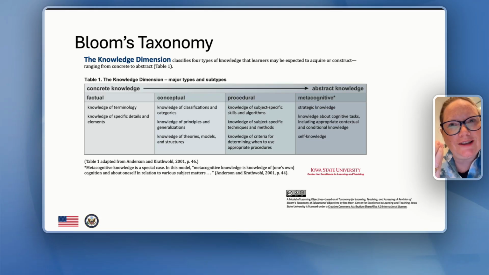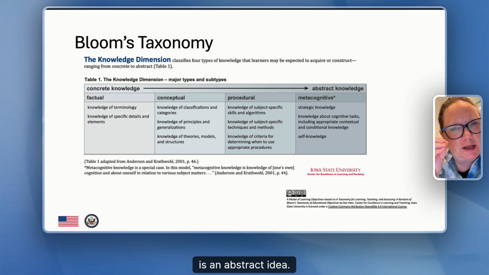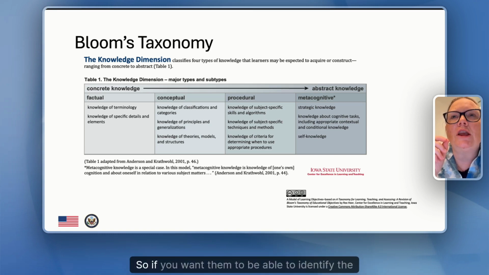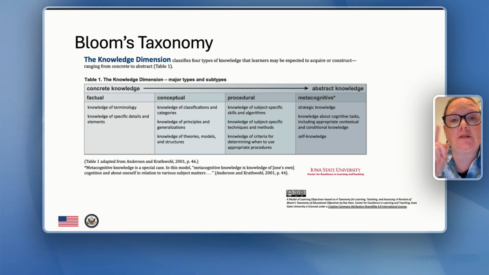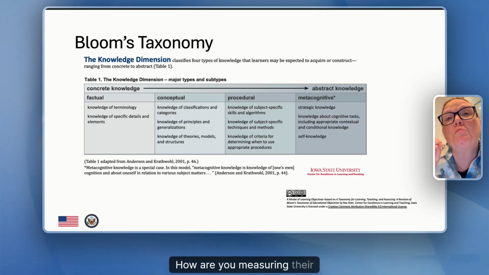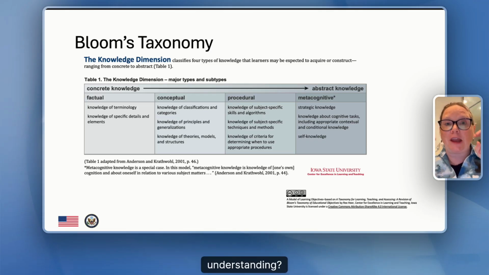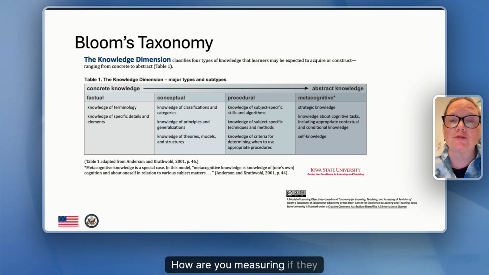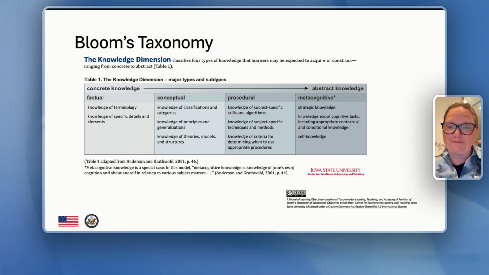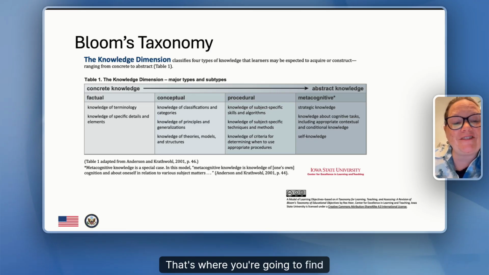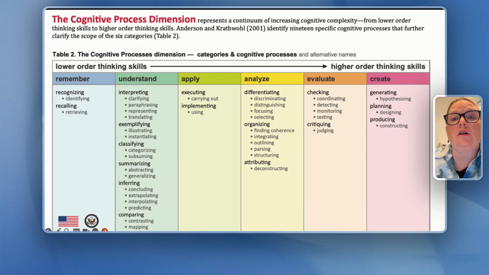So knowing is an abstract idea. So if you want them to be able to identify the parts of a circuit, that's your verb. How are you assessing your students? How are you measuring their understanding? How are you measuring if they know something? That's where you're going to find your verb.